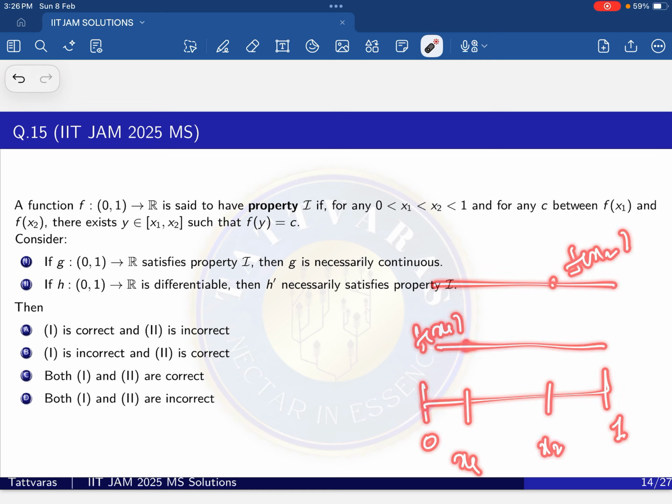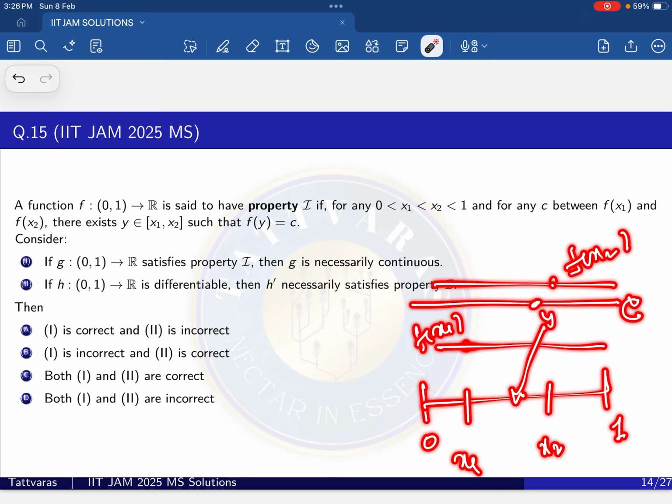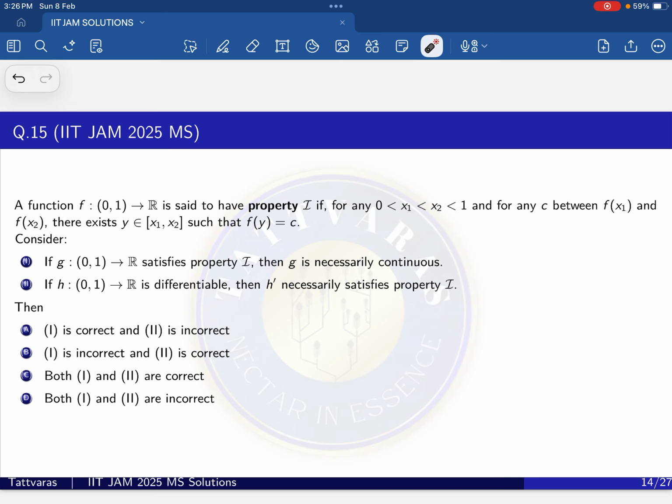Now you take any value in between, say this value, say it is c. So there will be a point y lying between x1 and x2 for which f(y) equals c. So this is basically the intermediate value property, right?